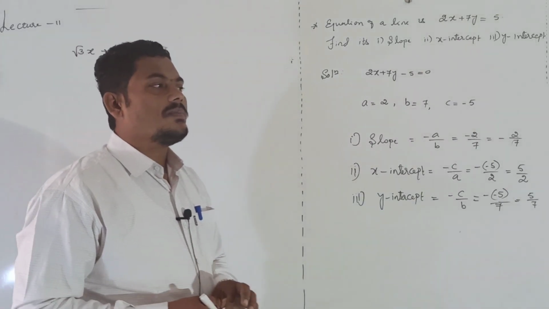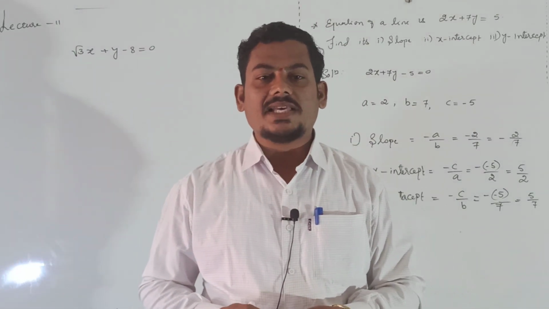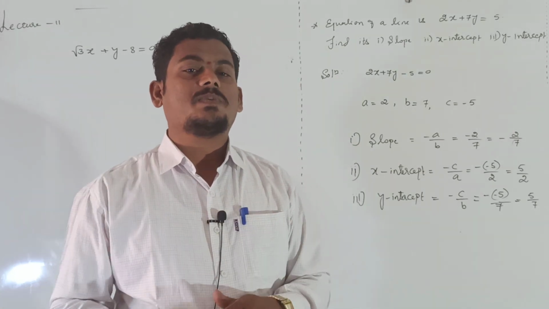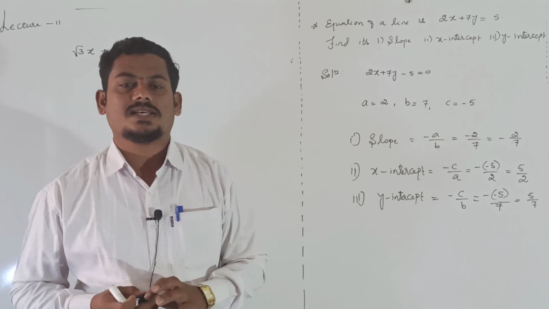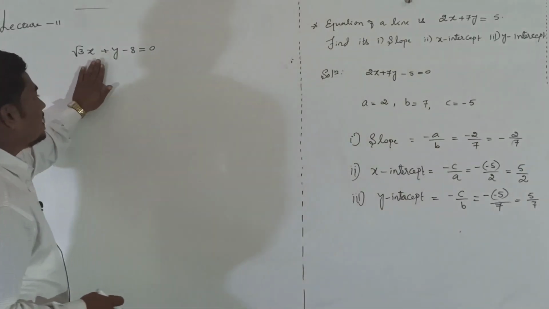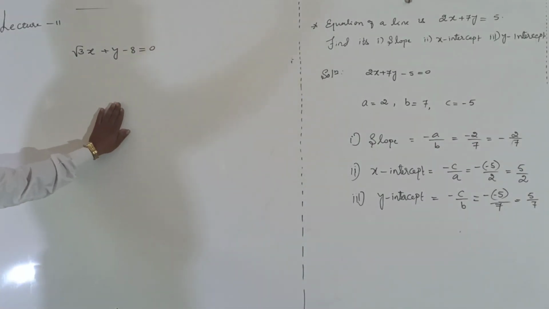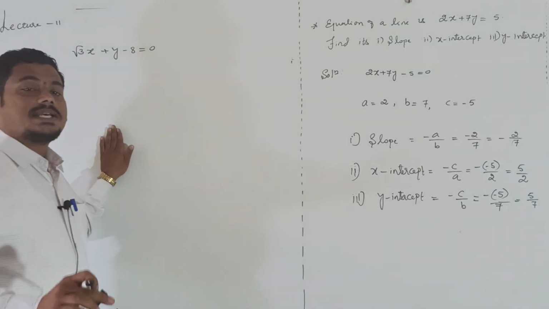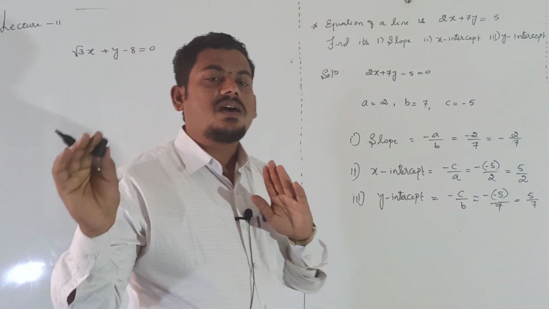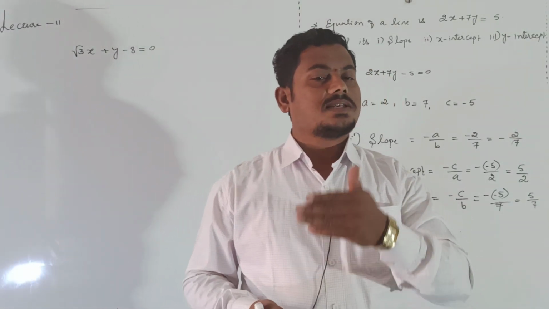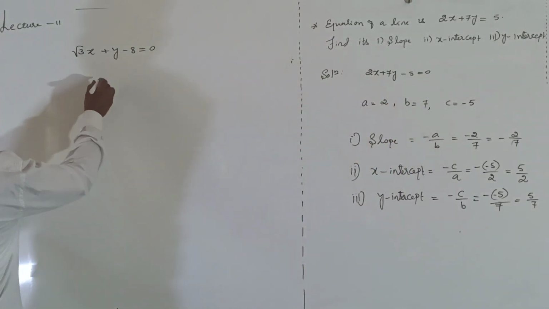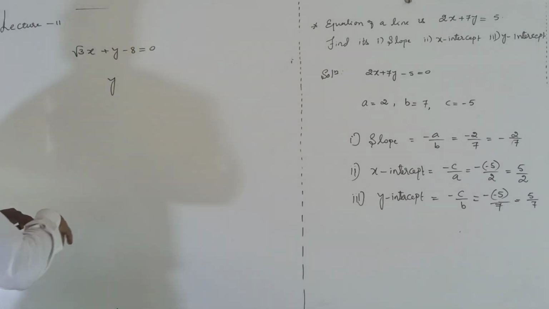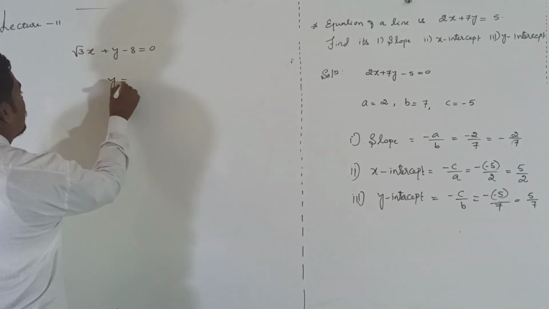Slope intercept form is y equal to mx plus c, right? Convert the given equation in the form of y equal to mx plus c, means slope intercept form.